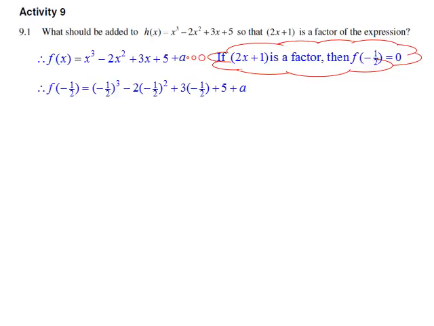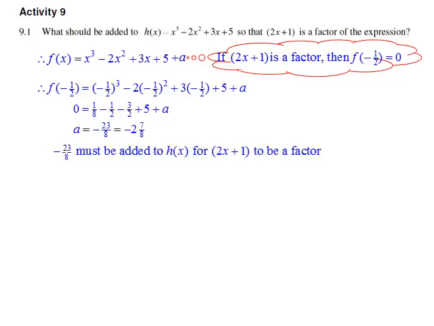So we can calculate f(minus a half) and equate that to 0, and when we solve for a, we get that a is negative 23 over 8, which is negative 2 and 7/8. So that means we have to add negative 23 over 8 to h(x) so that 2x plus 1 will be a factor.